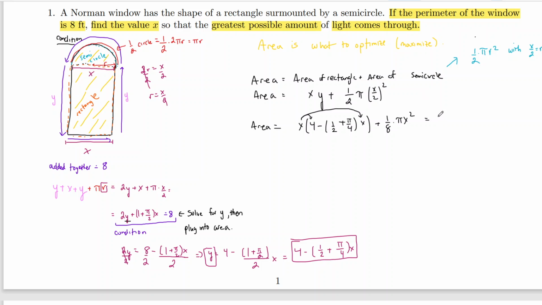So when we distribute that through, we get 4x minus, and then we have 1/2 plus pi over 4, and then x times x is x squared, plus 1 over 8 x pi times x squared. That's just the end. And then if you want, you can go ahead even further now, and this is up to you, and distribute the minus through because you have an x squared here and an x squared here, or you can really just leave it alone.